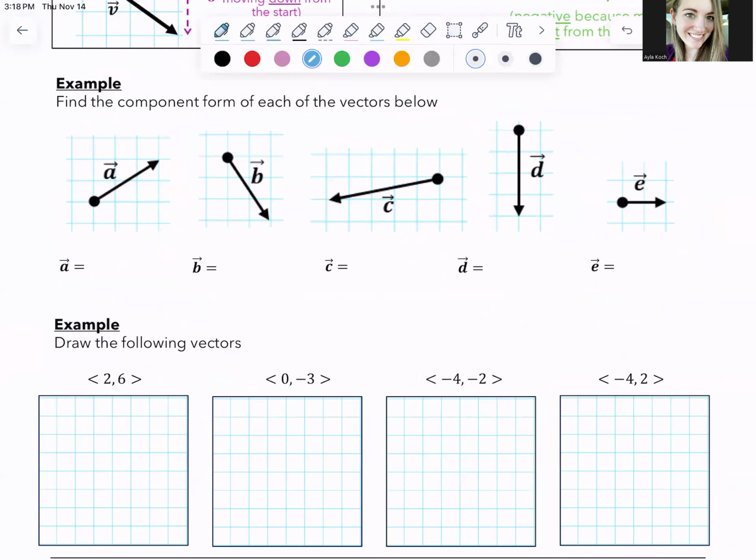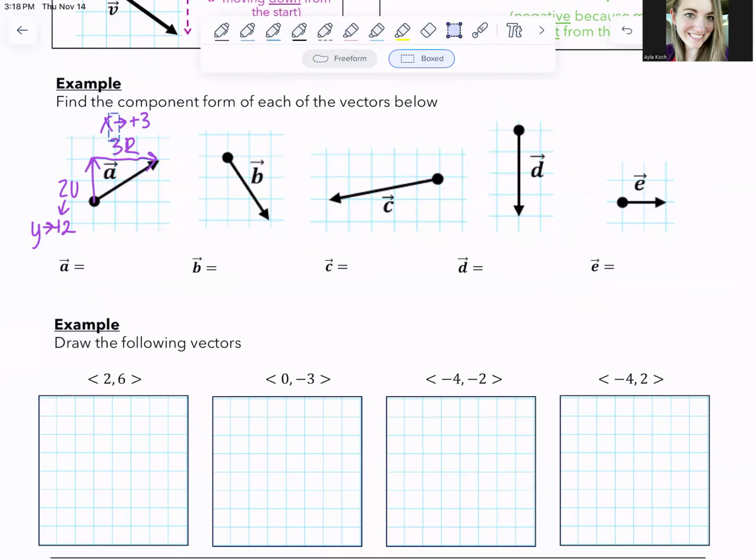I'll just use purple. All right, for this one, this is 2 up, 1, 2, 3 to the right. So the x value is going to be +3 because you're moving right. The y value, when you're moving up, is going to be +2.